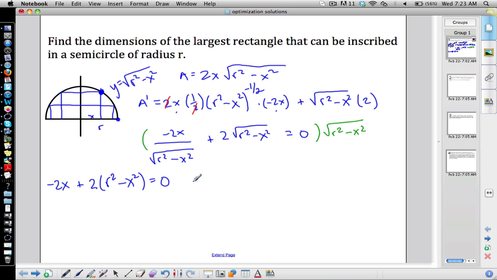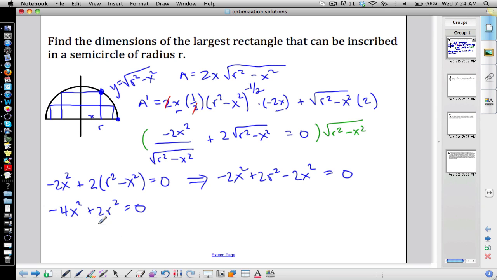So simplify this a little bit more: negative 2x squared plus 2r squared minus 2x squared equals 0. So that's minus 4x squared plus 2r squared equals 0.